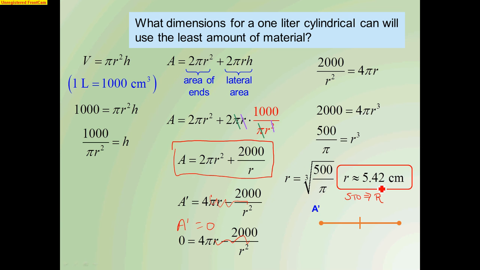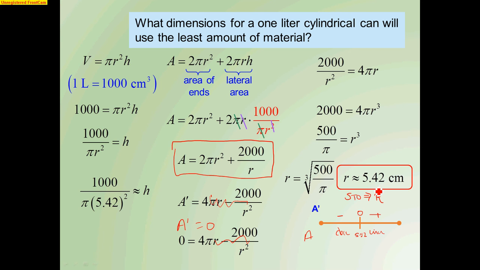And then I saw the derivative change from negative to positive on the graph, meaning the surface area was decreasing to increasing. Remember that this was 0 at approximately 5.42.